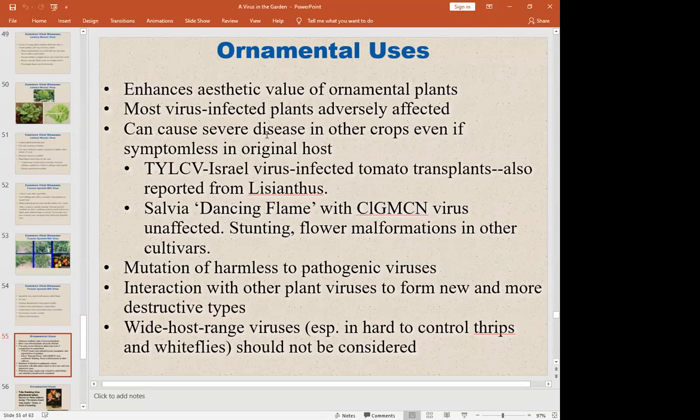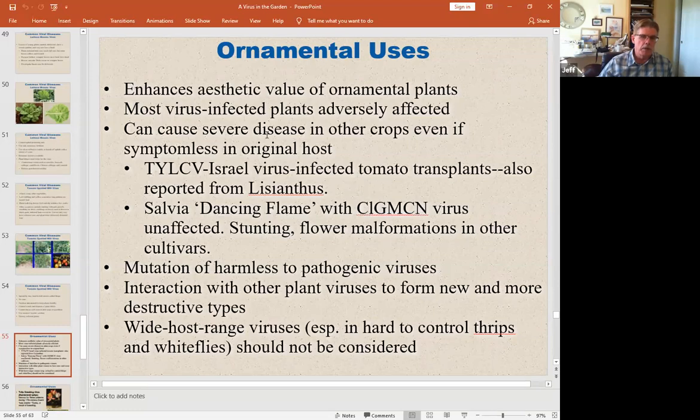Control of insect vectors depends on the virus. Frequently, attempts to control the insect are not effective because the insects may move into your garden from somewhere else. And so that makes it very difficult to control them to a level where it will prevent virus infection.